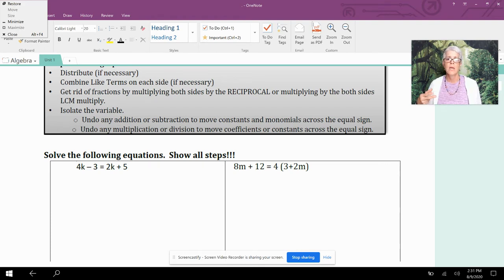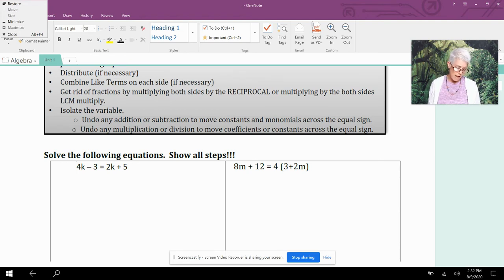So if there's a variable on both sides, a good rule of thumb is to go ahead and combine them first. I do that to keep the variable positive. You don't have to do it that way, but it is just a good practice. So you'll see me working them out that way each time. Then we would combine the numbers and then we would solve as usual.